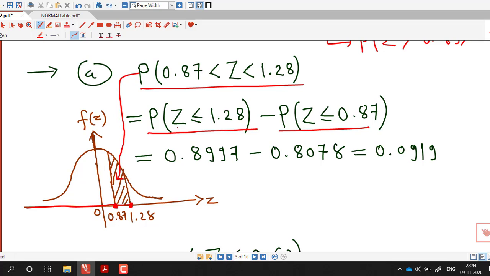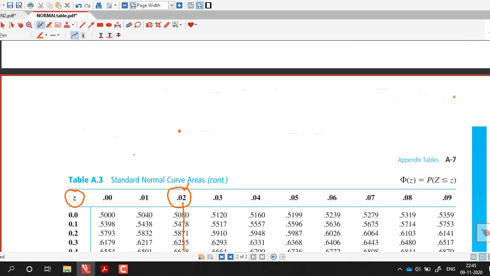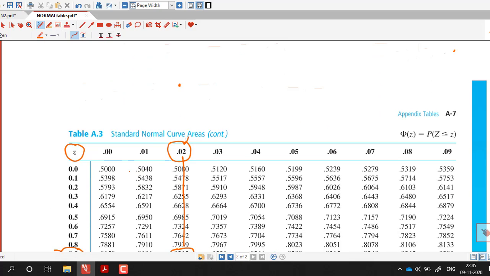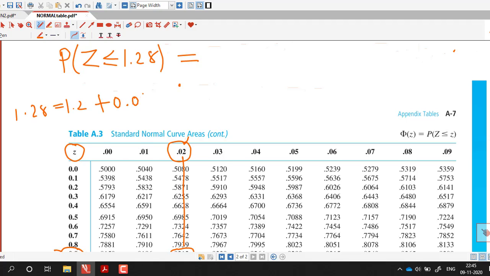Now this probability we can determine from the table. We have to concentrate on the z value 1.28. We are interested in z less than or equal to 1.28. 1.28 can be written as 1.2 plus 0.08.